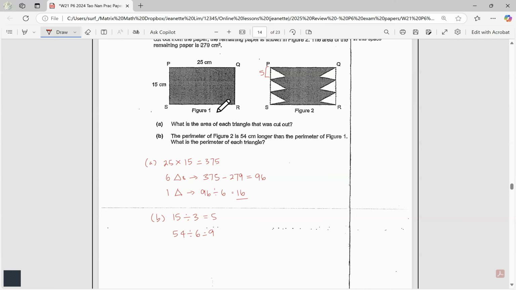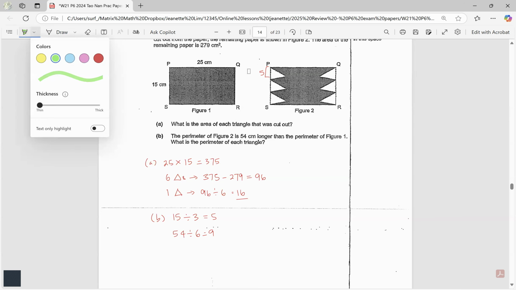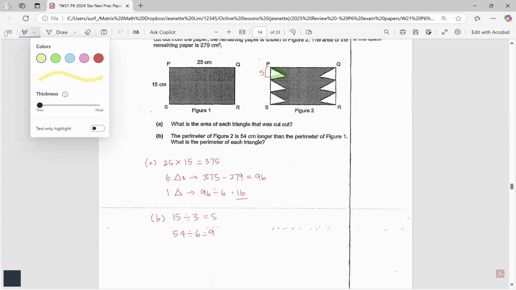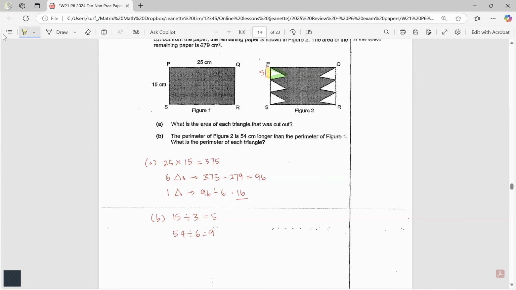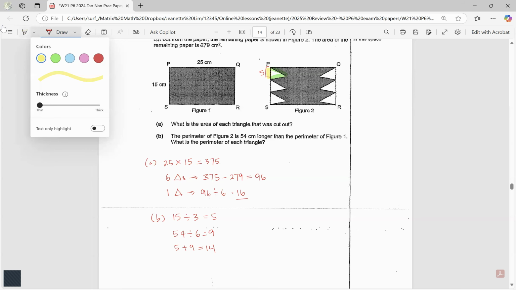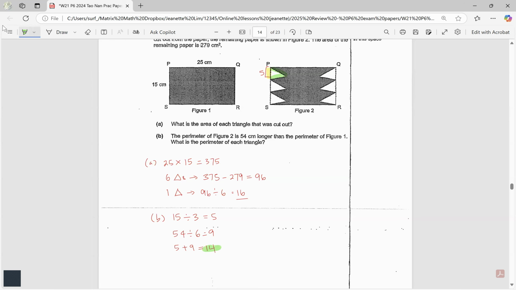Okay, what this means is that this part here in green is actually 9 cm more than the yellow part. So if I take 5 plus 9, I get 14. And 14 is actually the length of the lines in green.